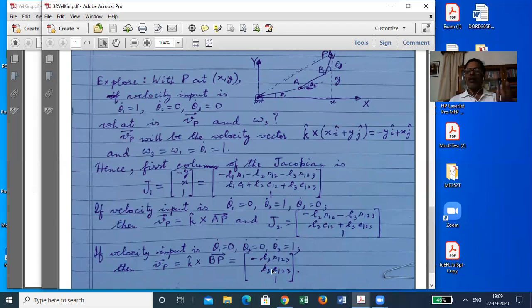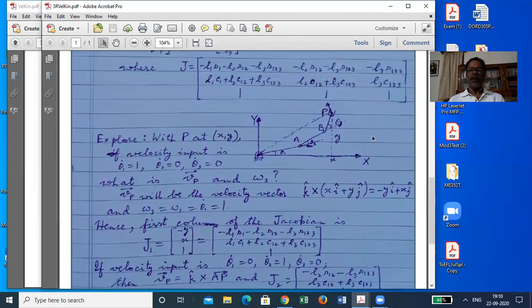And for the angular motion, it is unit angular motion, so 1. So these 3 columns, J1, J2, J3, when you assemble, you get the same thing that we got earlier. So this is perhaps the simplest way to fill the Jacobian matrix and represent the velocity transformation.